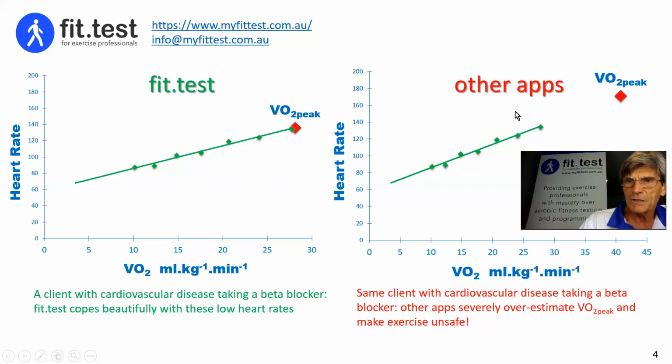So if you're going to use these other apps, you've just got to bear in mind that people with beta blockers, it's very likely you're going to overestimate both their VO2 peak and overprescribe their exercise, which can make it unsafe.